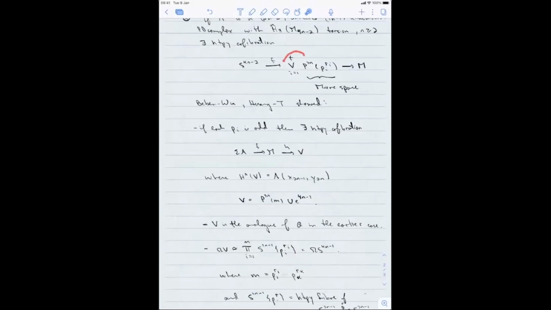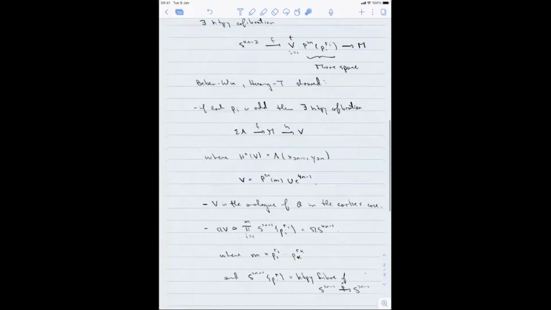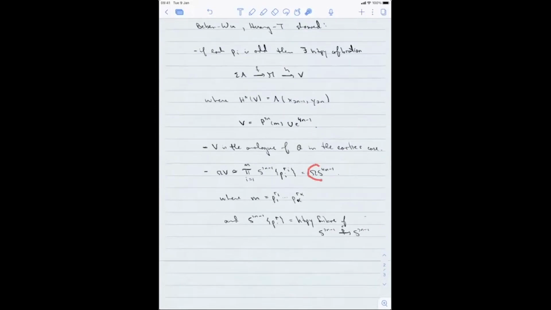Rationally, this space is trivial, so M would just be an S^{4n-1}. Suspension A here was a subwedge of these, so it is rationally contractible, meaning that rationally M and V are the same. So V would have to be an S^{4n-1}. And that's why you see the loop on S^{4n-1} showing up in this decomposition of loop V.